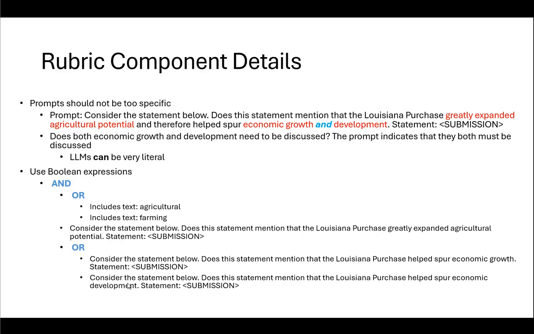If they're not, we don't really try to read carefully if there's some sort of nuance where these concepts are there. Okay, so these we call rubric elements, and this whole thing is a rubric component. All right, now let's go look at how we build rubrics in the tool that follows this format.